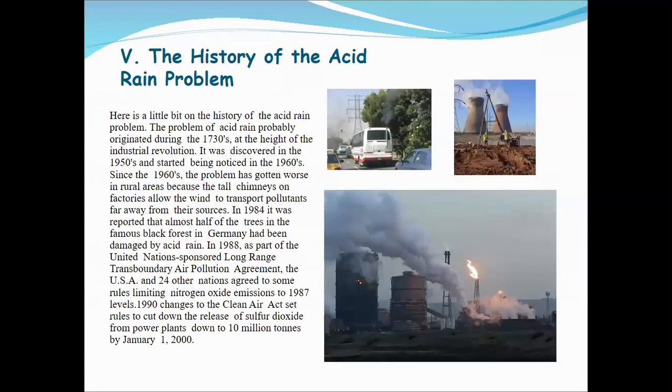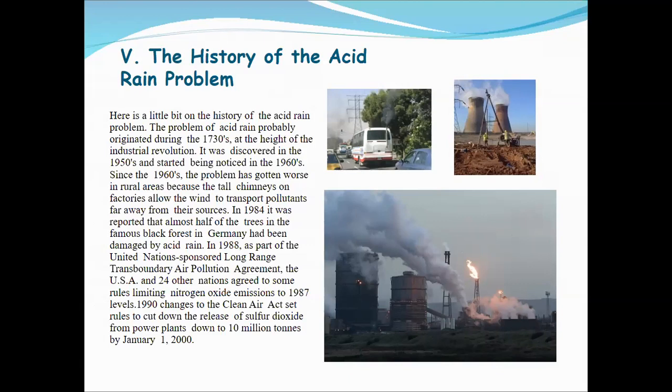So now here is a little information about the history. Here is a little bit on the history of the acid rain problem. The problem of acid rain probably originated during the 1730s, almost 300 years back, at the height of the Industrial Revolution.